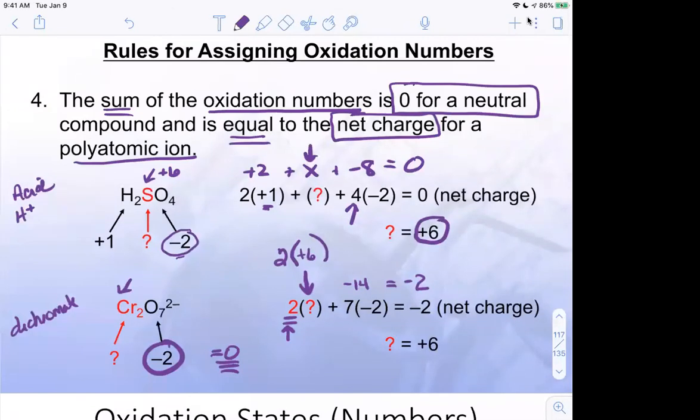So what I'm going to have is 12 plus a -14 is equal to a -2. So each one of those chromiums, and I have 2 chromium atoms, will have an oxidation number of +6.